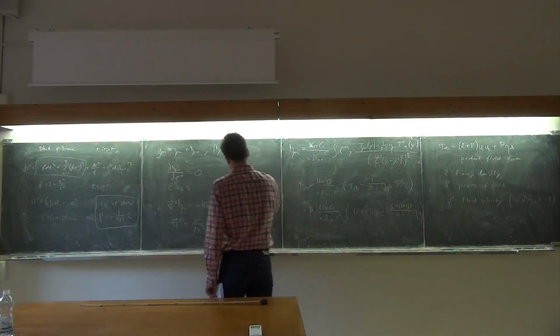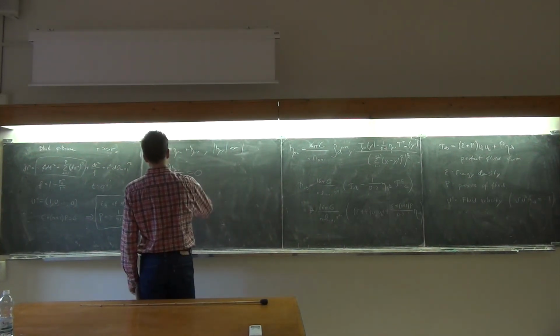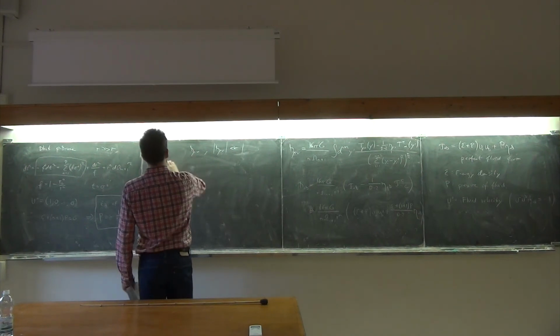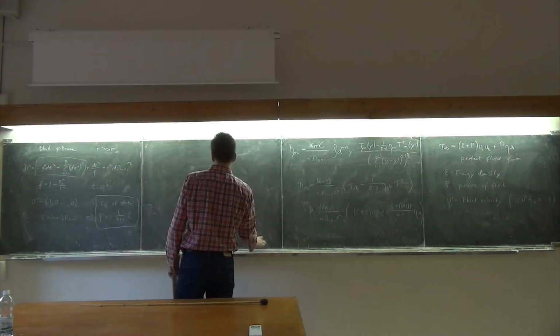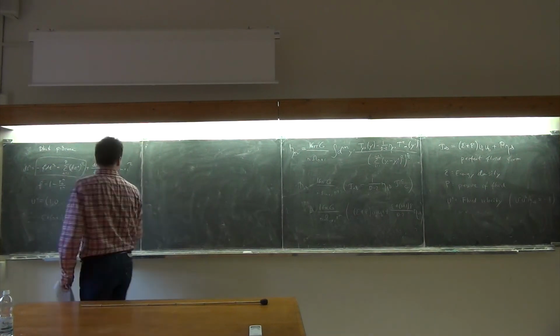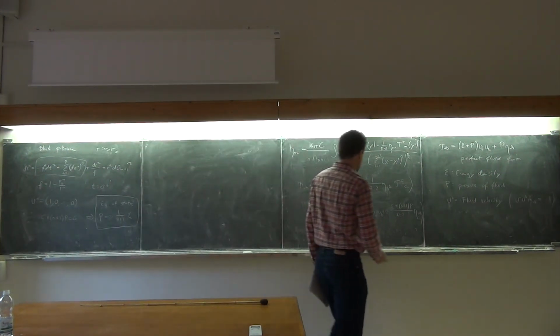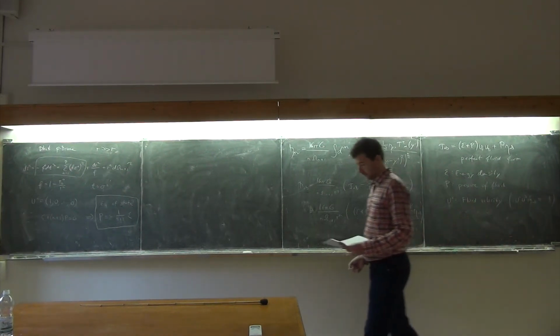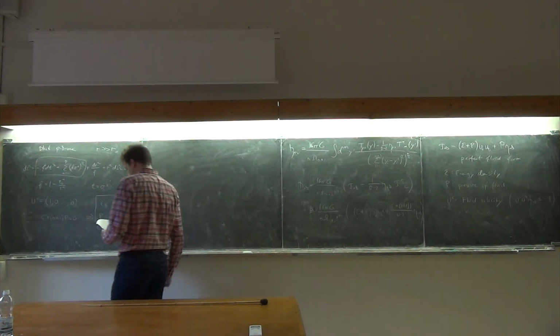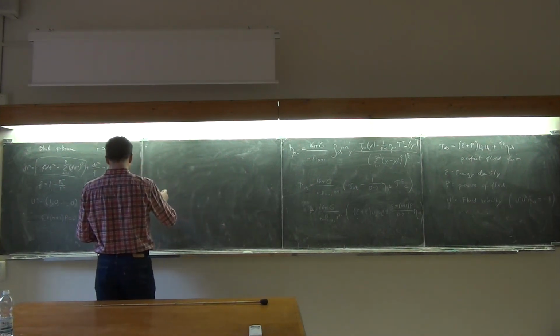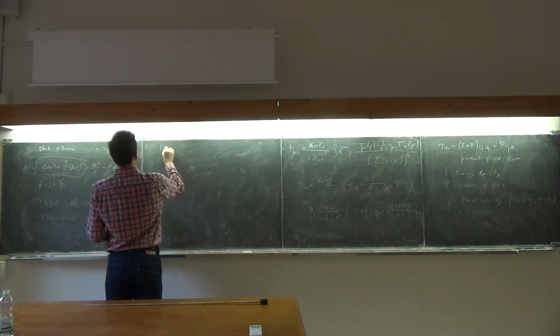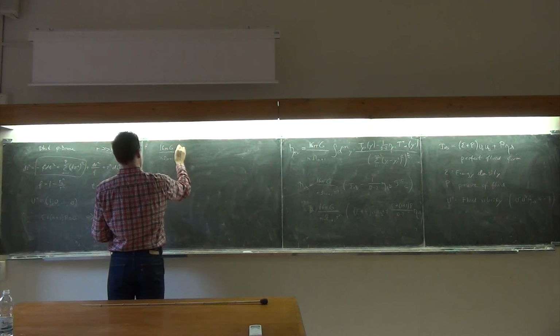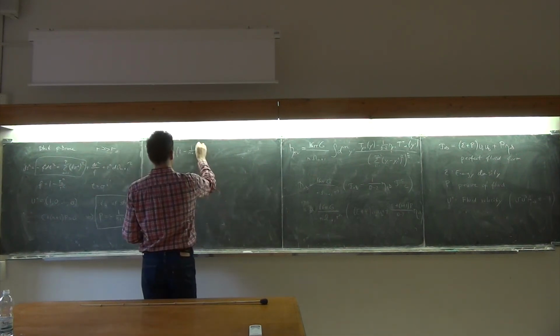Then we can read off that if we now look at the time component, we have a contribution both from here and here. You end up with something like this if you use the equation of state as well.